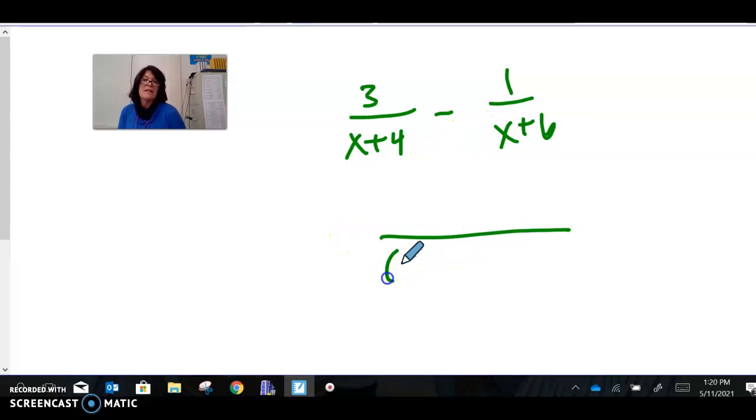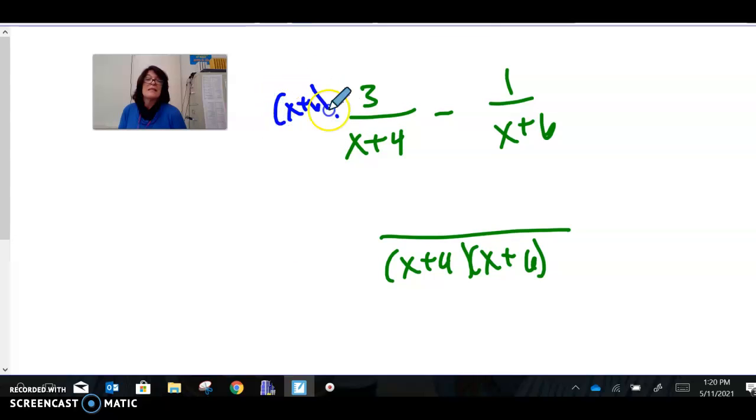I still need a common denominator, but subtraction just causes some issues sometimes when you're distributing. This one needs what? I need an x plus 6 in order to get my common denominator of x plus 6, x plus 4. So I'm going to have to take the 3 times the x plus 6.